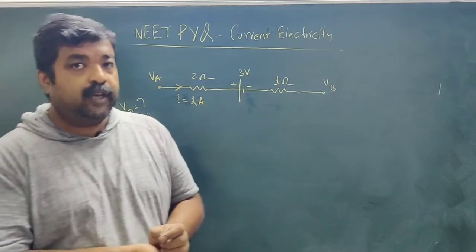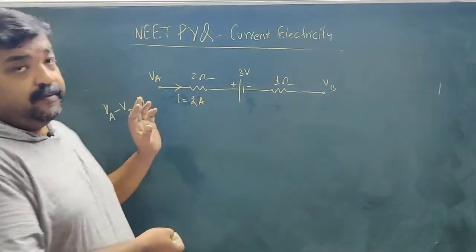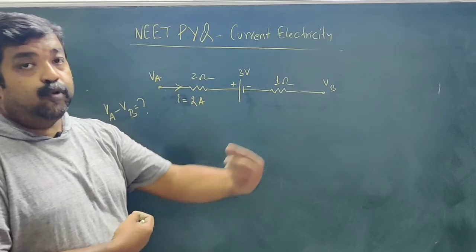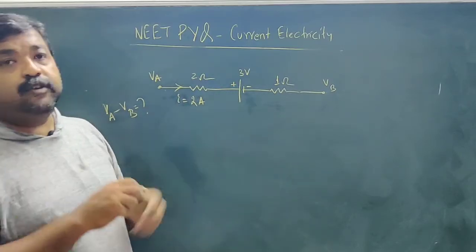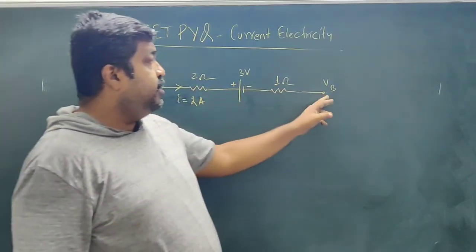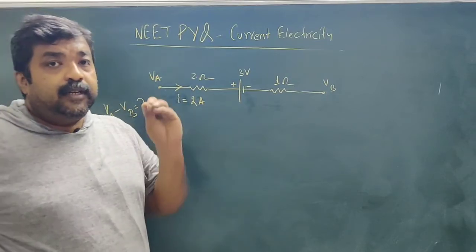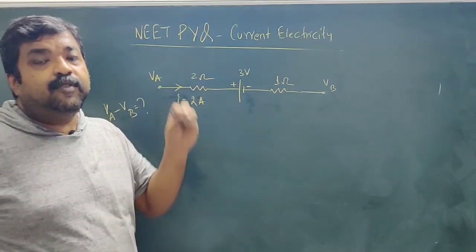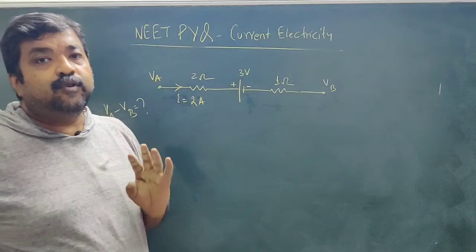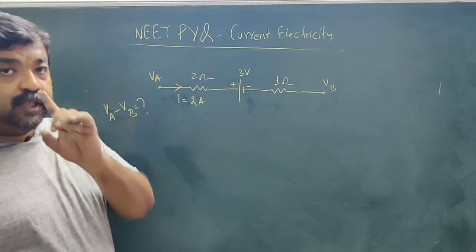That is the loop rule. But actually this loop rule is valid for any 2 points on a circuit. Between any 2 points, if you find the sum of the potentials, the sum of the potentials will be 0.